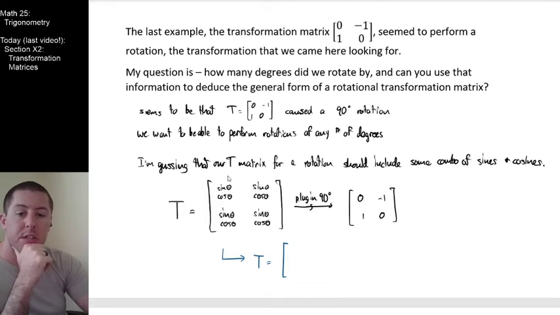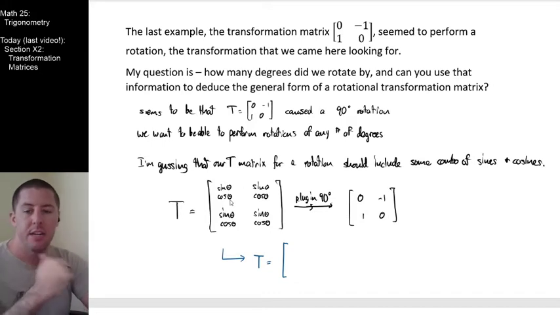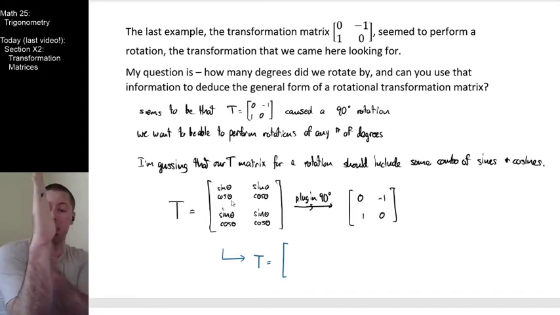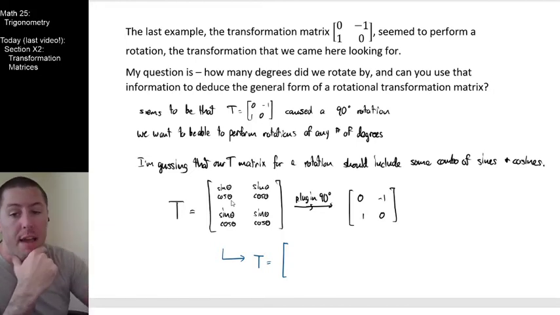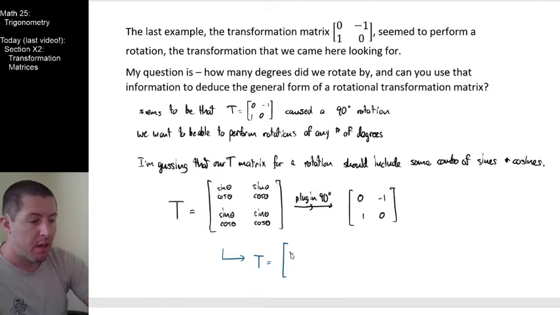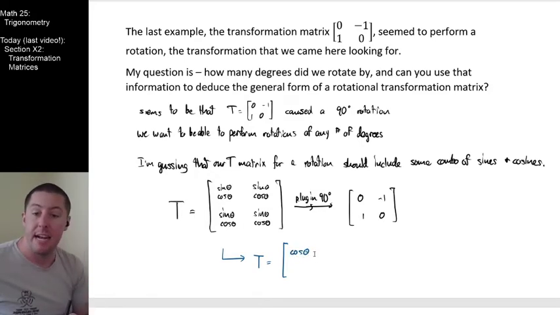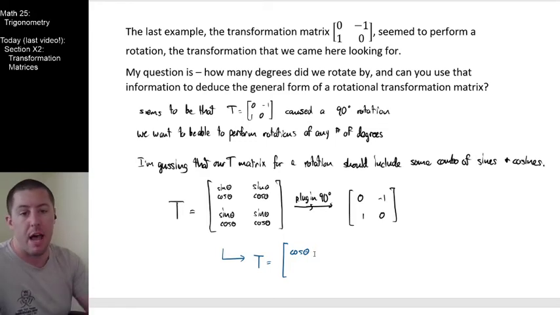So do we get 0 from either of these when we plug in 90 degrees? I can see we have a 0 for our x value, but we have 1 for our y value. I want to get out 0, so I'm going to guess that cosine might be appropriate there, because cosine of 90 is 0, so that would work out for that slot.